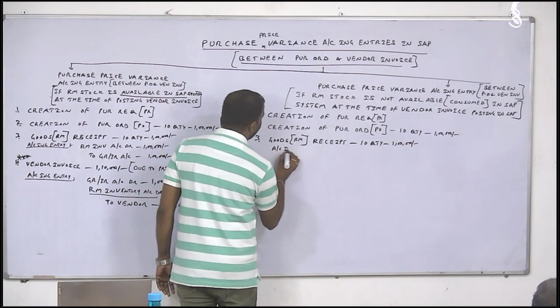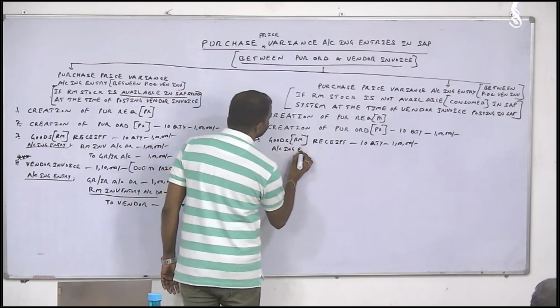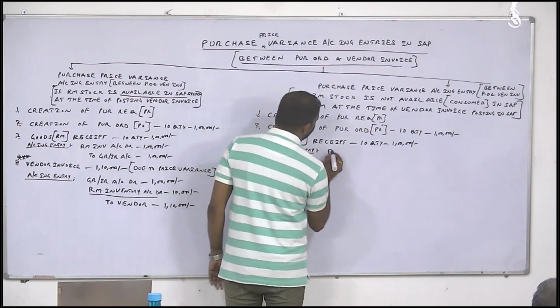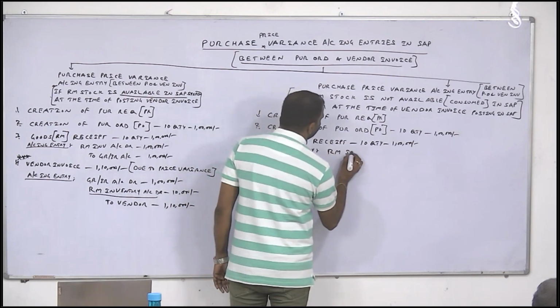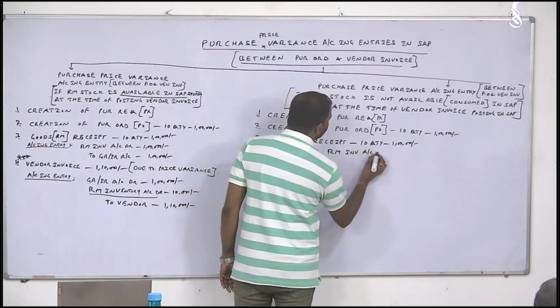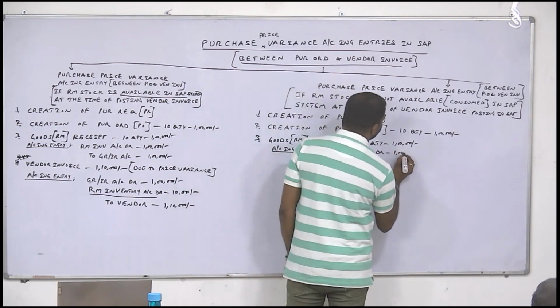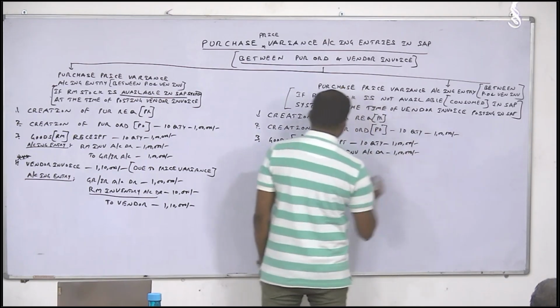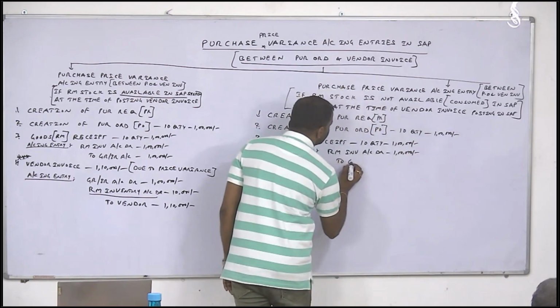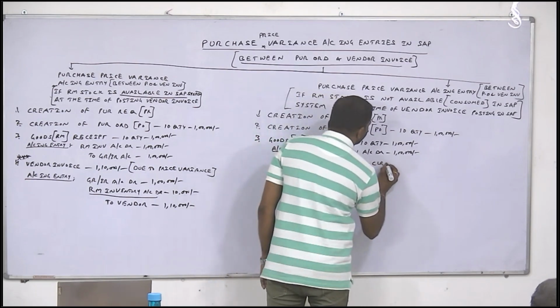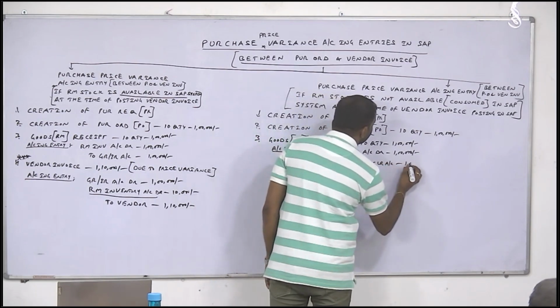Raw material inventory account debit. How much? 1 lakh. To GRIR clearing account. How much? 1 lakh.